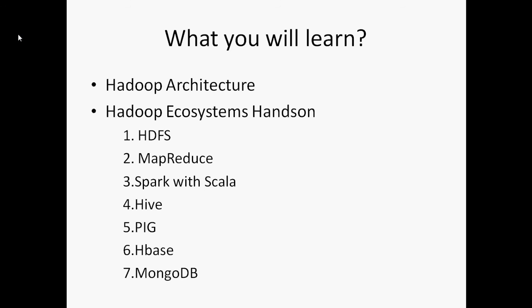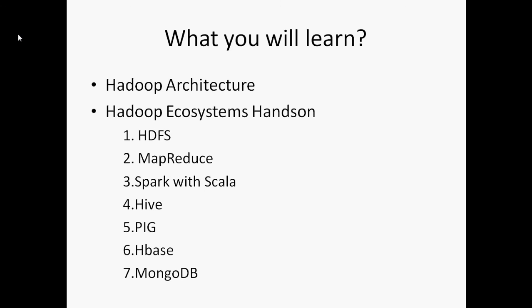Here at Martian we'll dig deeper into the Hadoop architecture, HDFS as well as MapReduce, and a few ecosystems. The seven ecosystems you see here are the very important ones, but there are a few others that we will discuss in the long run of the course.